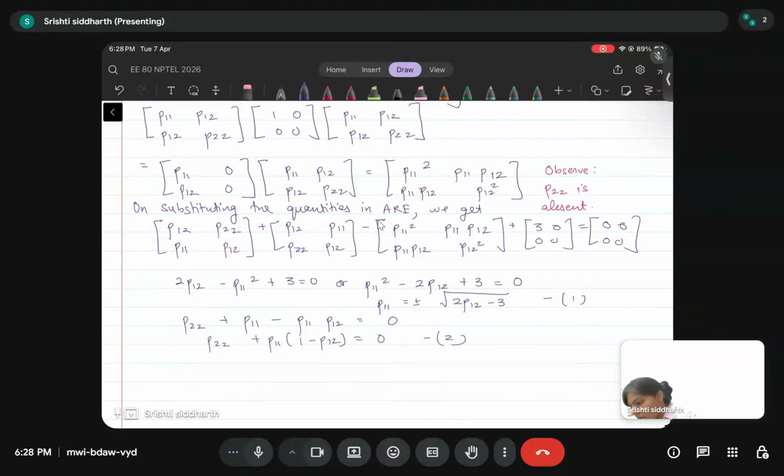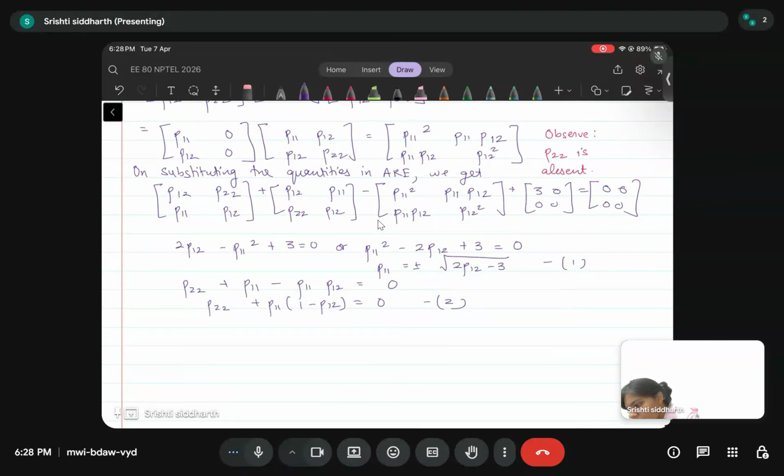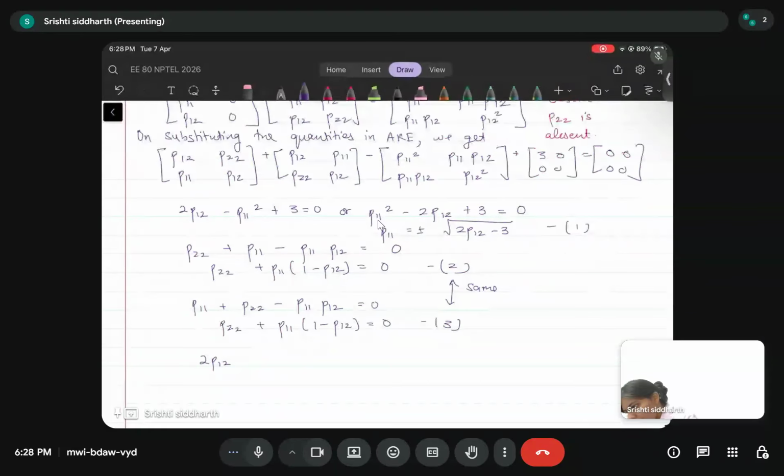So this is 2. Then the third equation is the same one. This is P11 plus P22 minus P11 P12 equals 0. So 2 and 3 are the same. The last equation is 2P12 plus P12 squared equals 0.